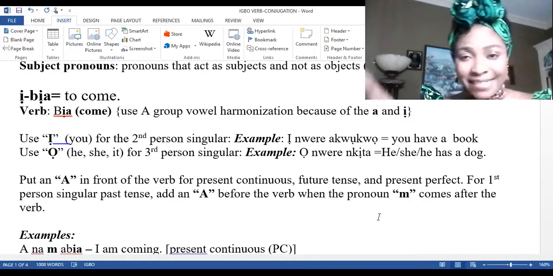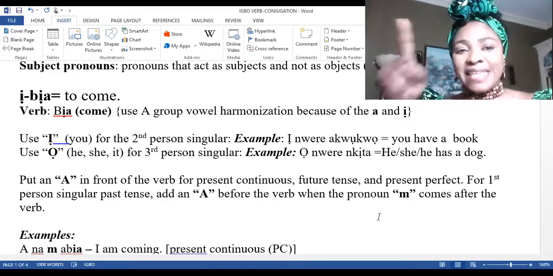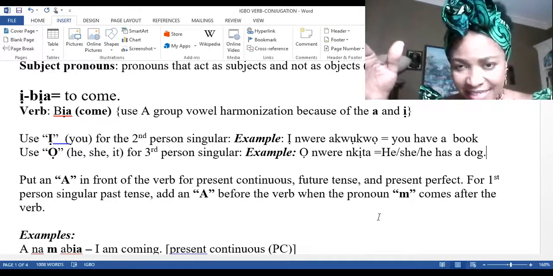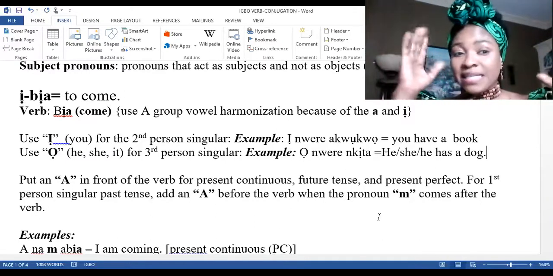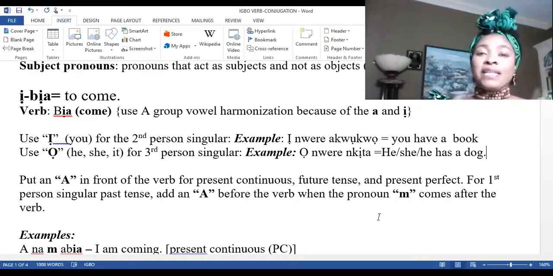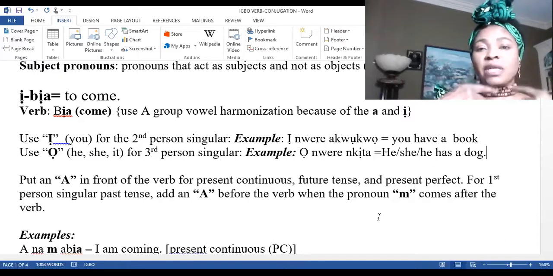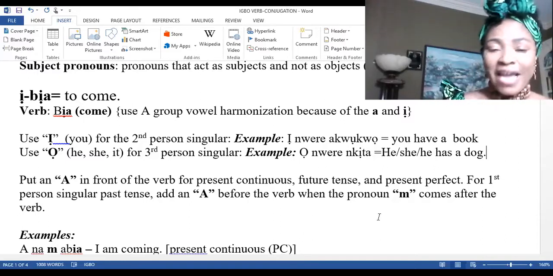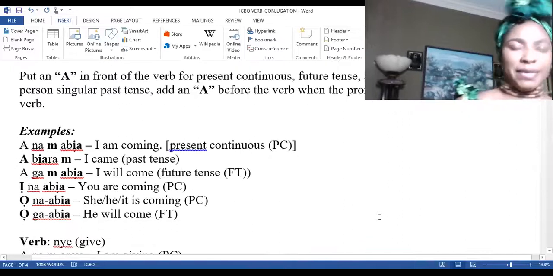Now, for first person singular past tense, add an A. First person singular past tense, you're going to put an A before the verb when the pronoun comes after the verb, okay?